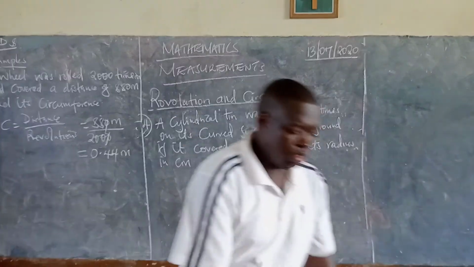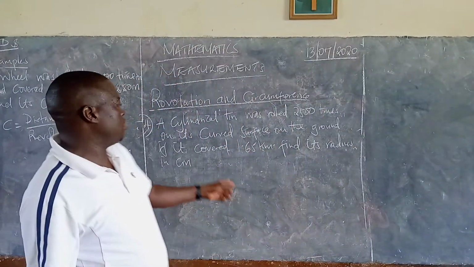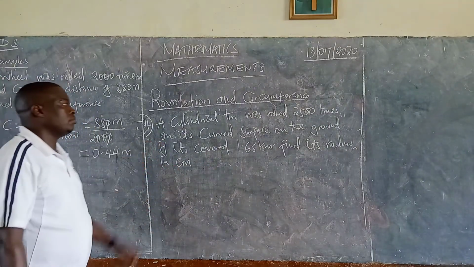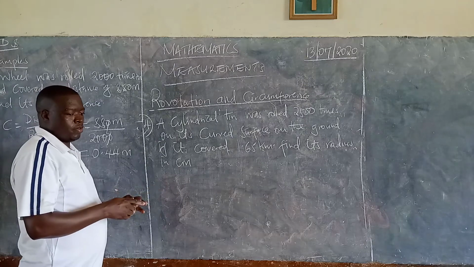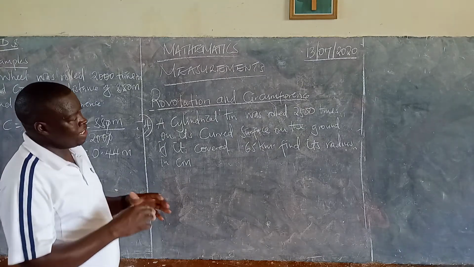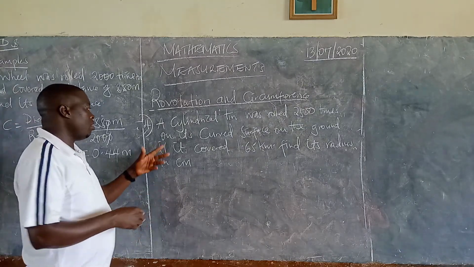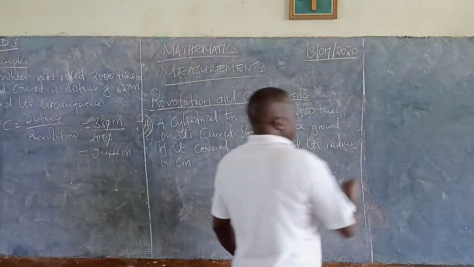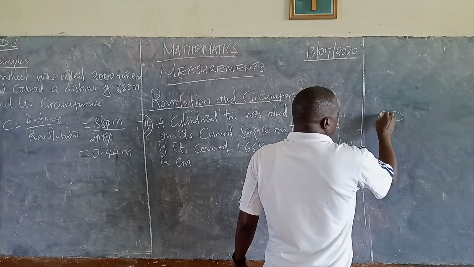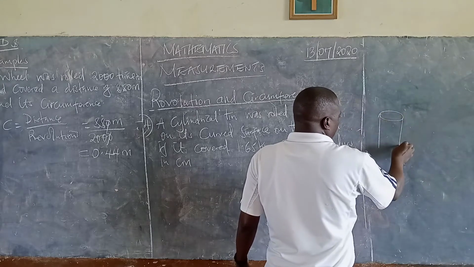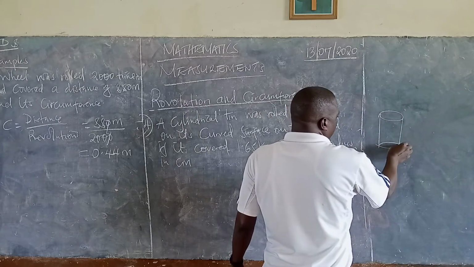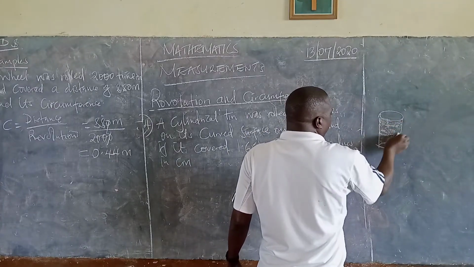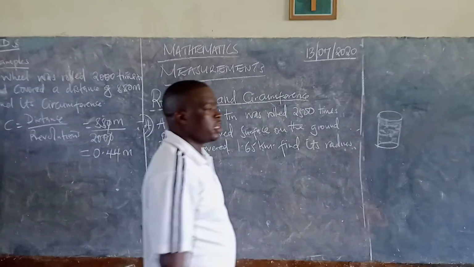So now we have a task to do here. So this is a tin that was rolled. We are saying it is a tin, and it was rolled on its curved surface. It is cylindrical. This is the curved surface that we are now referring to.